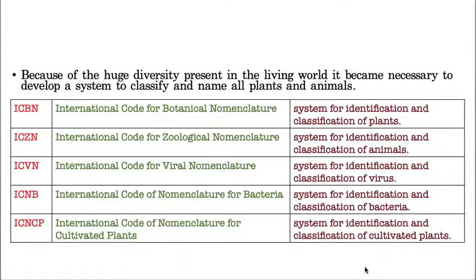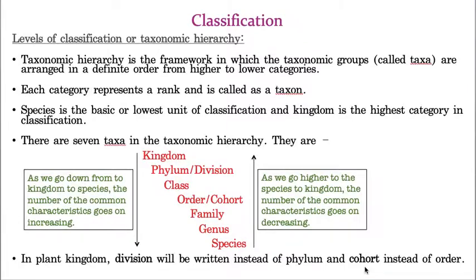Now the next step of taxonomy is classification. Today I started my class by telling the three steps of taxonomy: identification, nomenclature, and the next one is classification. Identification means that by comparing with already present organisms, a newly identified organism is placed into a certain group.